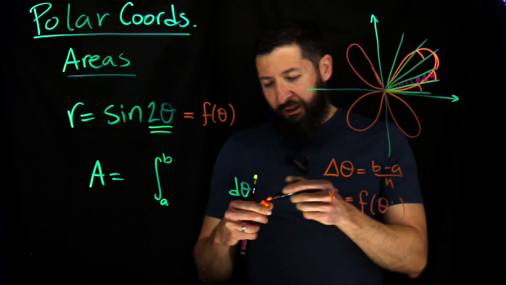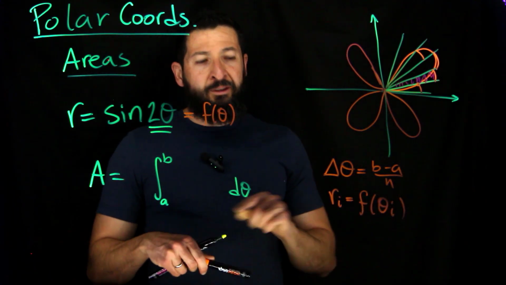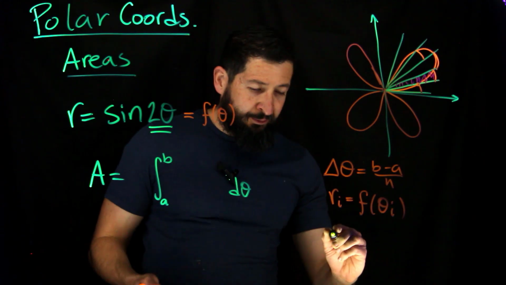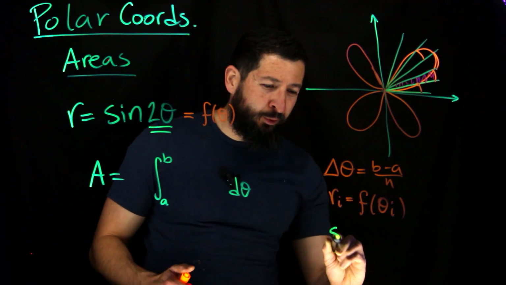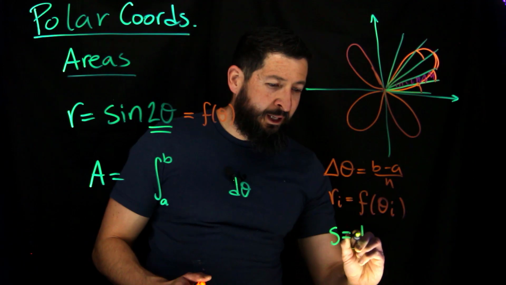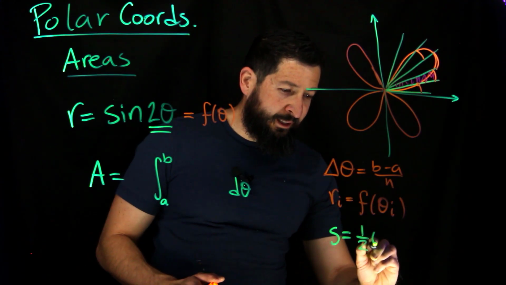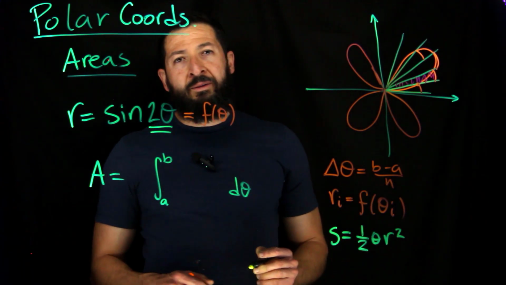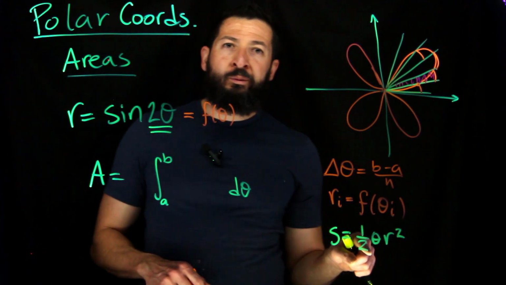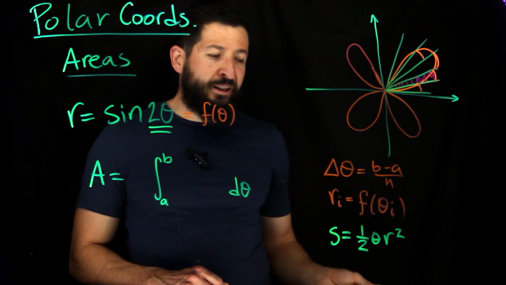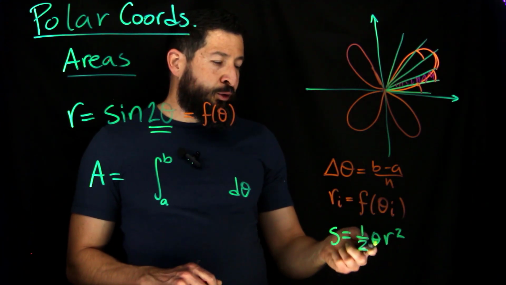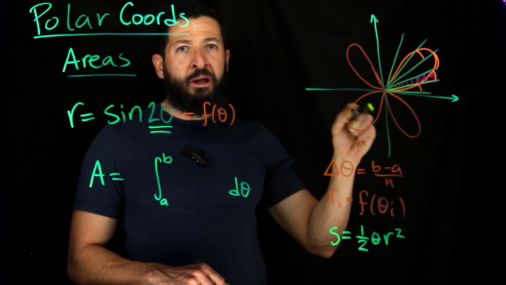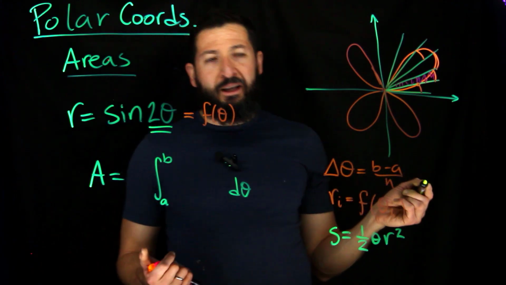Now you have to remember the area of a sector. What do we call it? S, I suppose, is going to be 1/2 theta r squared. If you don't remember this formula, an easy way to remember is to plug in theta being 2 pi, and you should get pi r squared, because that would be the area of the entire circle.